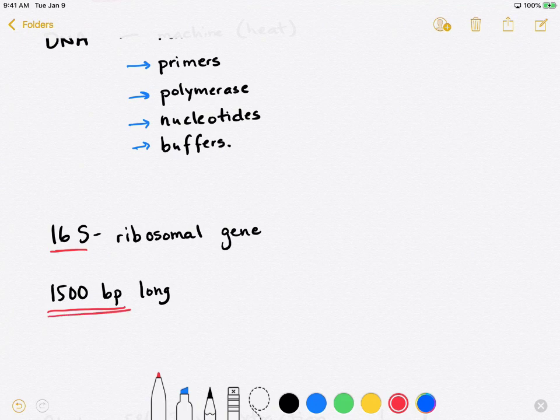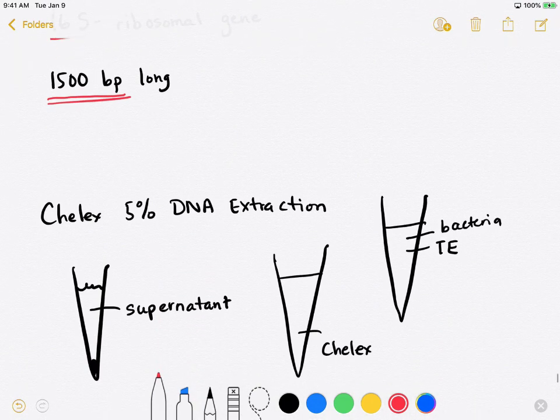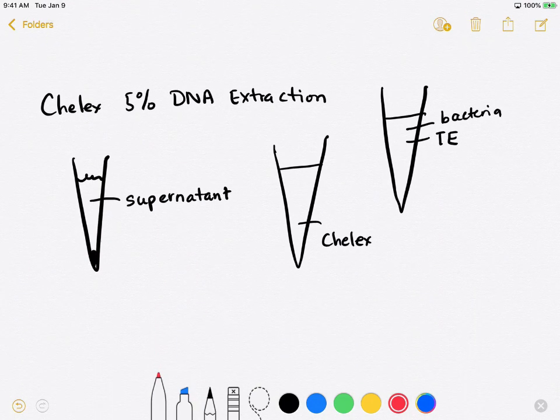So for this sample, what you did first was begin with a Cellulase 5% DNA extraction. You began by mixing some bacteria and TE in a tube, creating a bacteria mixture.